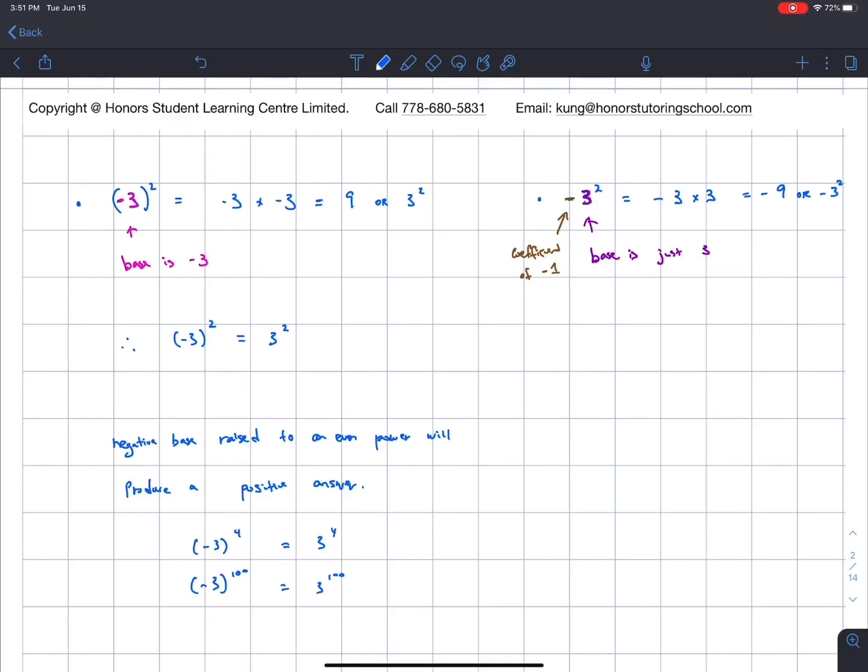So remember to note the difference. So in this example, the coefficient is negative, and it stays there. Right, so this is just staying there, just a negative.